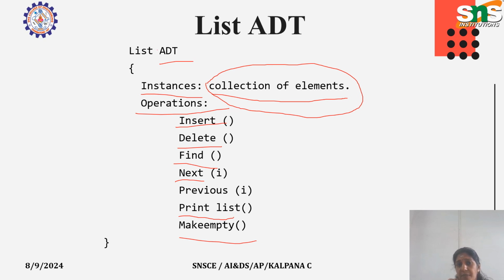When we discussed ADT before, it contains the instances and the operations together, which we call an abstract data type. Here the instances are the collection of elements, and the operations are the kinds of operations I am going to perform on that particular list.